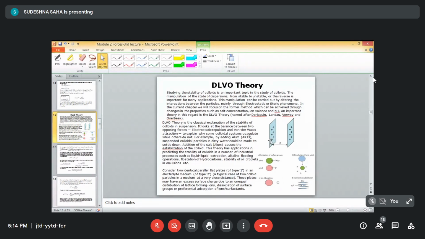These plates may have an excess surface charge, which can be the result of any one of what we have already explained, like ionization of the surface groups, dissolution of ionic solids, ion adsorption, isomorphic substitution, or adsorption of ions or surfactants, that can give rise to the surface charge.